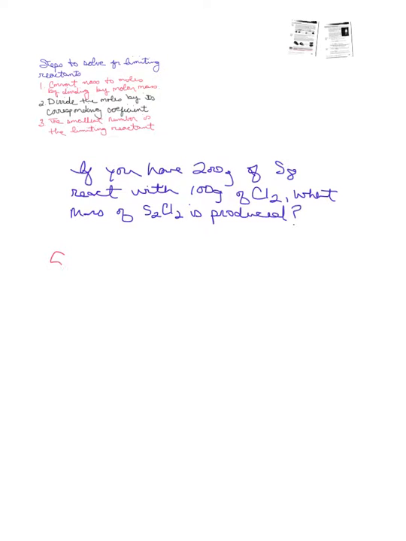Okay. So let's first balance, and our reactants here are cyclooctasulfur, so S8, and we're going to react it with chlorine, because chlorine is Cl2, and our product will be disulfur dichloride. So let's balance this.